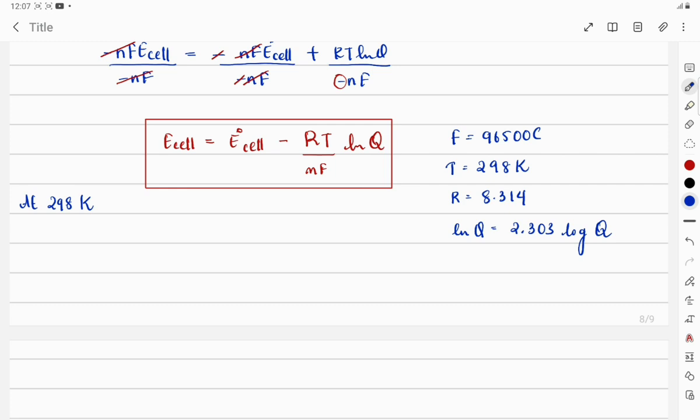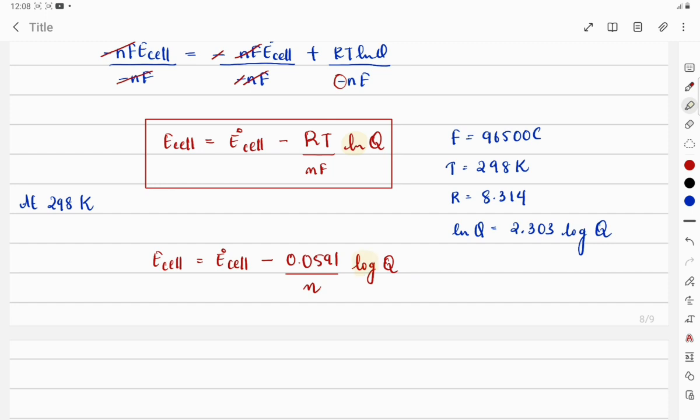By introducing all these three changes into this equation, I can rewrite it as E cell is equal to E0 cell minus 0.0591 divided by n into log Q. Notice that ln has actually changed into log Q here. Why is that change introduced?